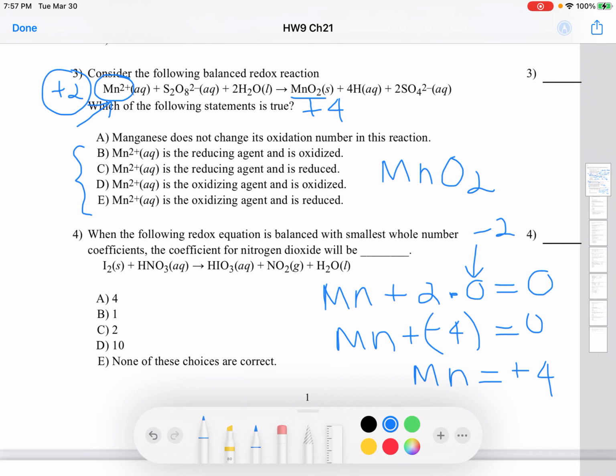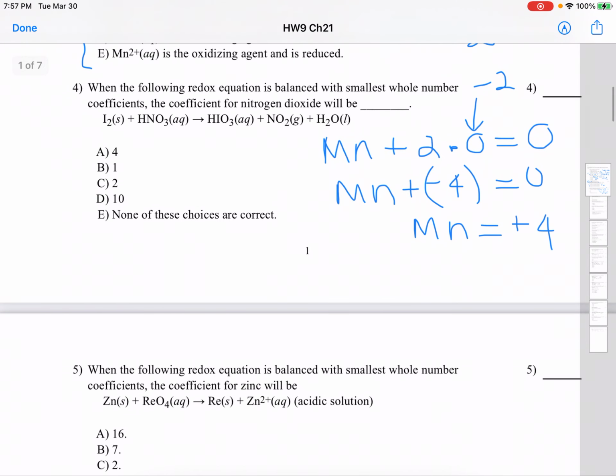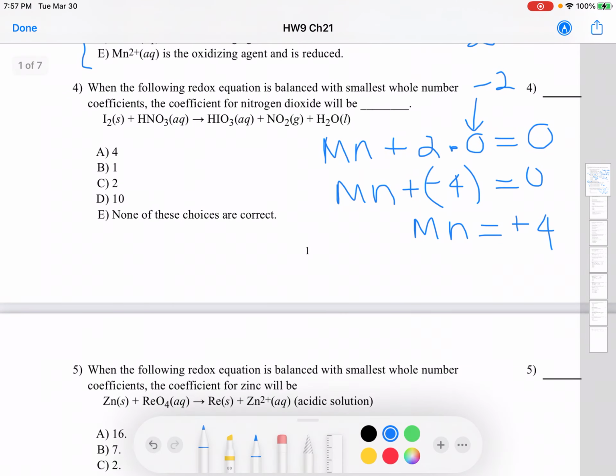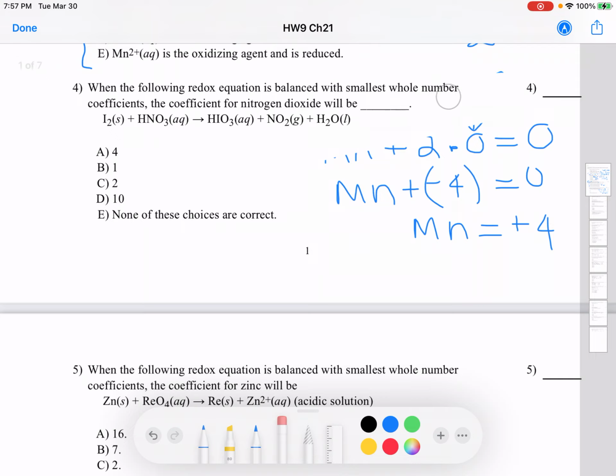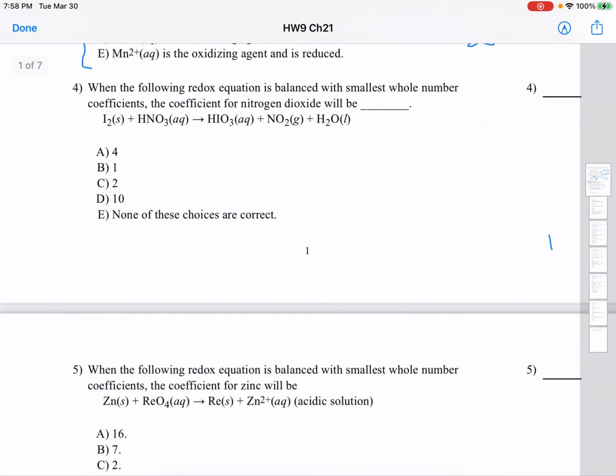And then the next one: when the following redox equation is balanced with the smallest whole number coefficients, the coefficient for nitrogen dioxide will be. Okay, so we learned how to balance equations in acidic medium, so we have to refer to that.